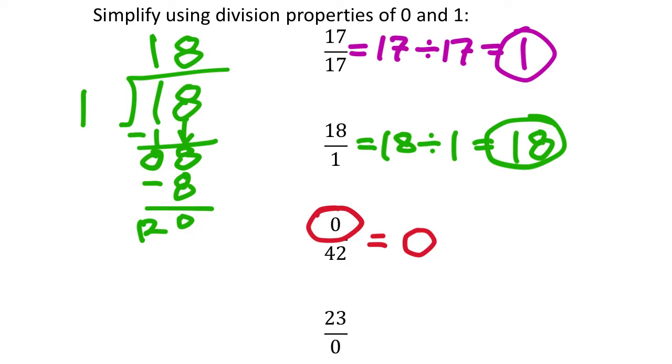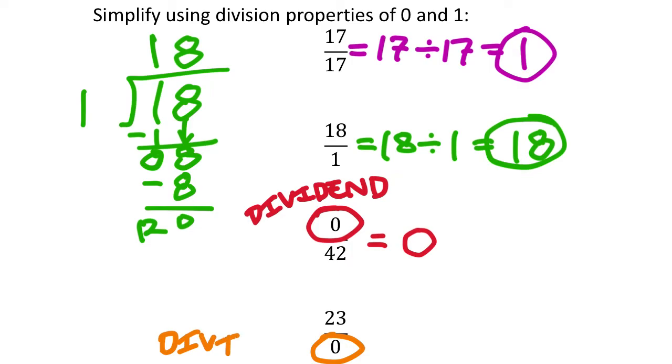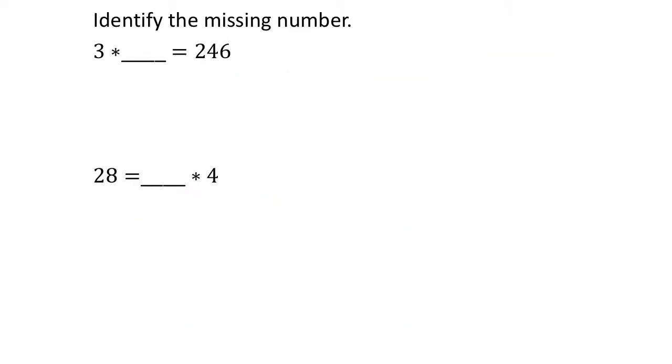However, on this last one, the 0 there is now the divisor, which is problematic. For us, we're just going to put DNE, does not exist, and we'll call that good.